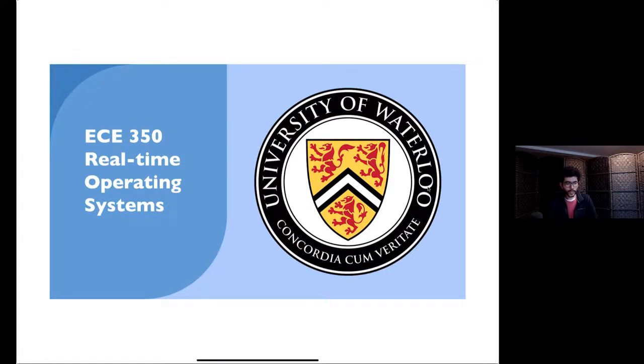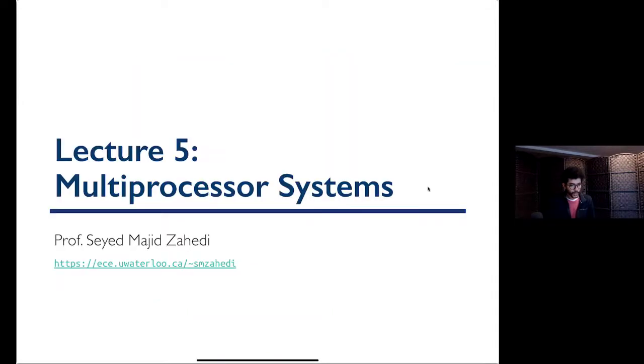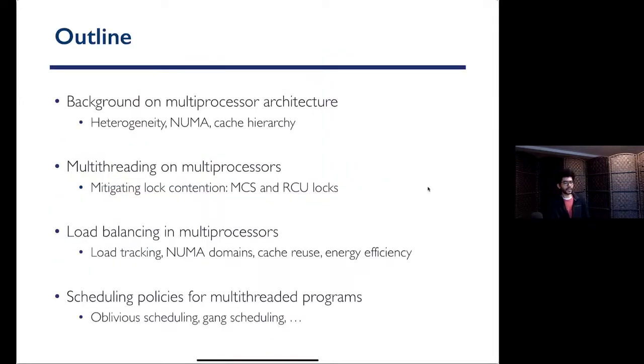Now, we're going to look at multiprocessors not just for scheduling, but just to understand how they're different from uniprocessors. And at the end of these lectures, we're going to touch upon some of the important aspects of scheduling when it comes to multiprocessors. So with that introduction, let's start. So we're going to talk a little bit about multiprocessors, just introducing them as needed, in terms of hardware and how it's different.